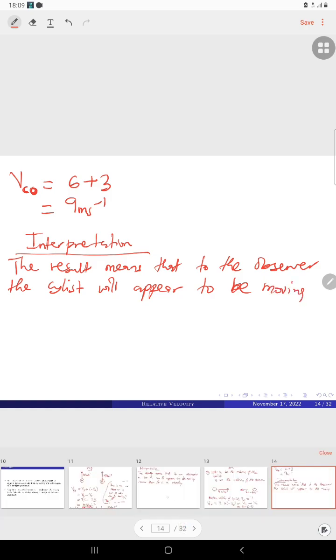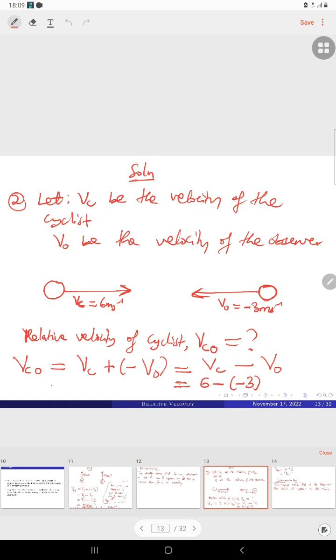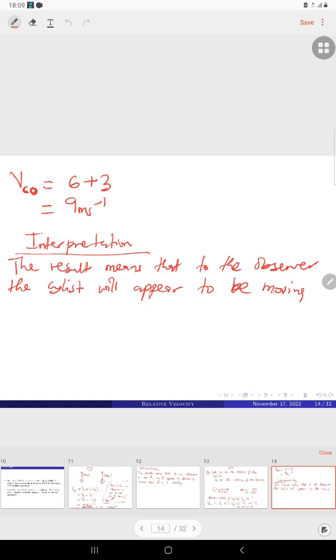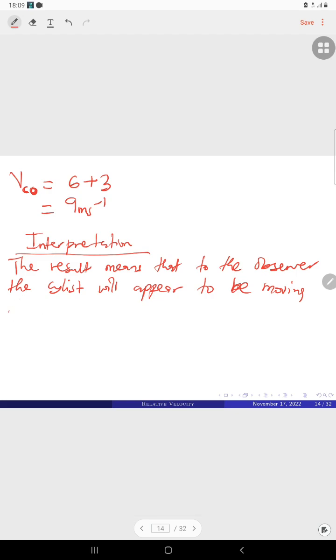Will it be slower or faster? The original is 6, but to the observer you are getting 9, so it's going to be faster. Moving faster than it is in reality.